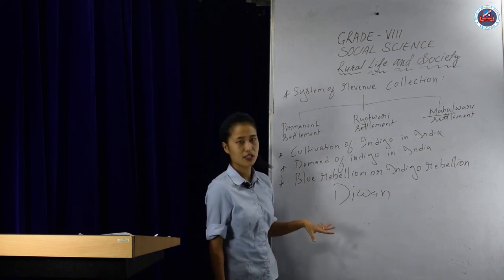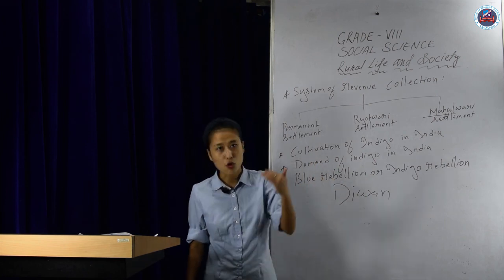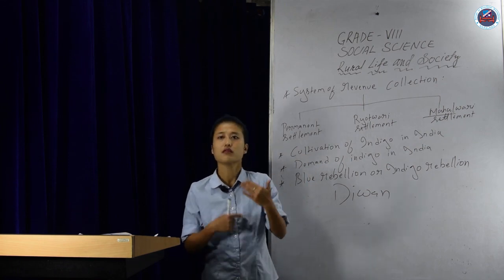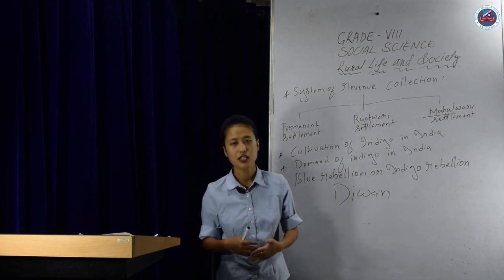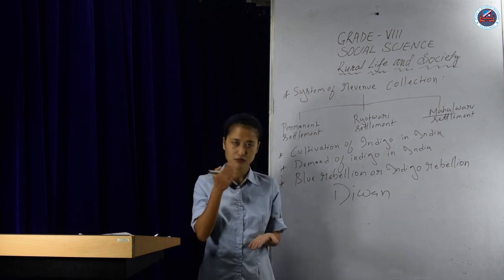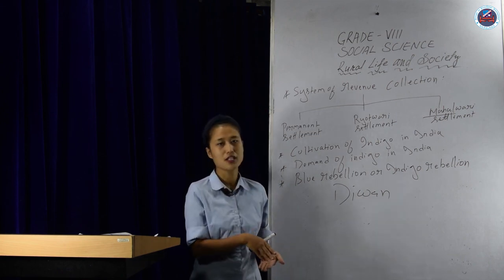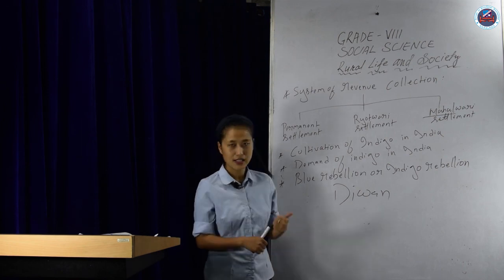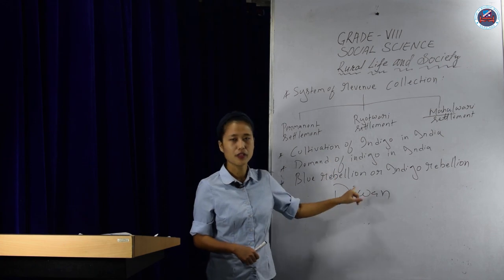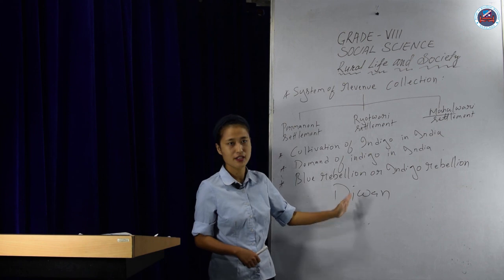After that, we also saw how indigo was demanded, how the British started to invest more money, and how the banks started to give loans to the investors. How the Indians' living conditions completely changed after the Britishers started coming to India, and how they forced the Indians to go for indigo plantations. And at the last, we have seen how the Blue Rebellion or Indigo Rebellion broke out, and what its consequences were.